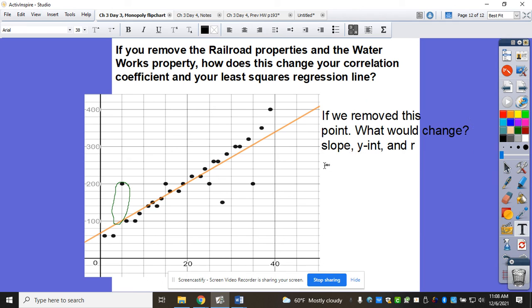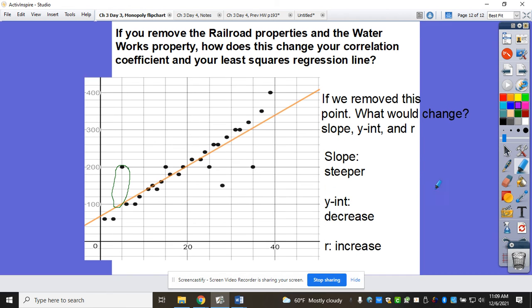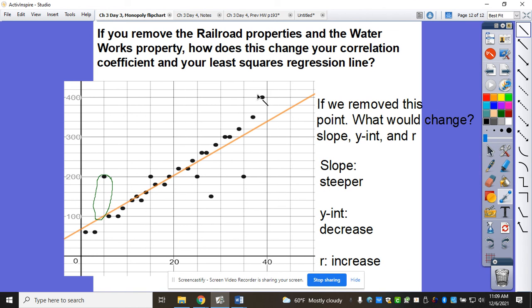Slope, y-intercept, and r. How would, in this problem, for this dot, how would slope change if that point were removed? How would my y-intercept change? How would my r change? In general, I talked about r measuring how closely I could put kind of two lines like this to encompass everything.